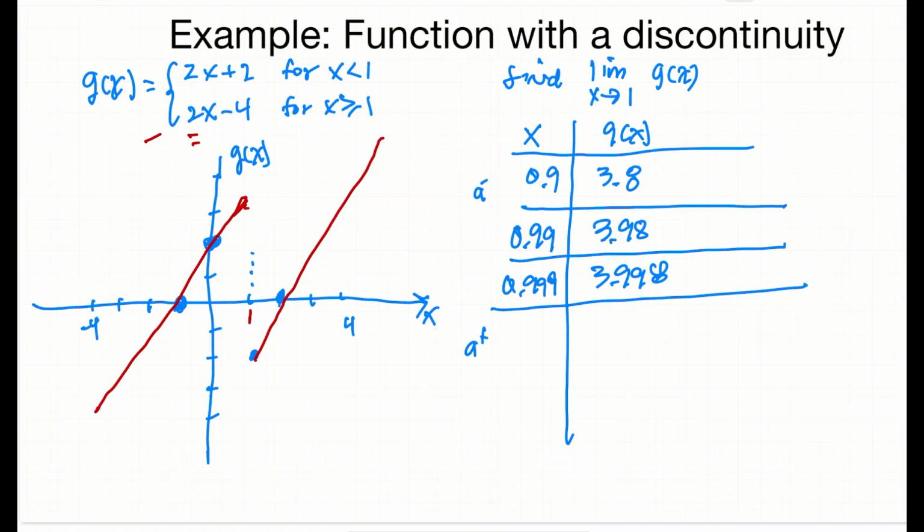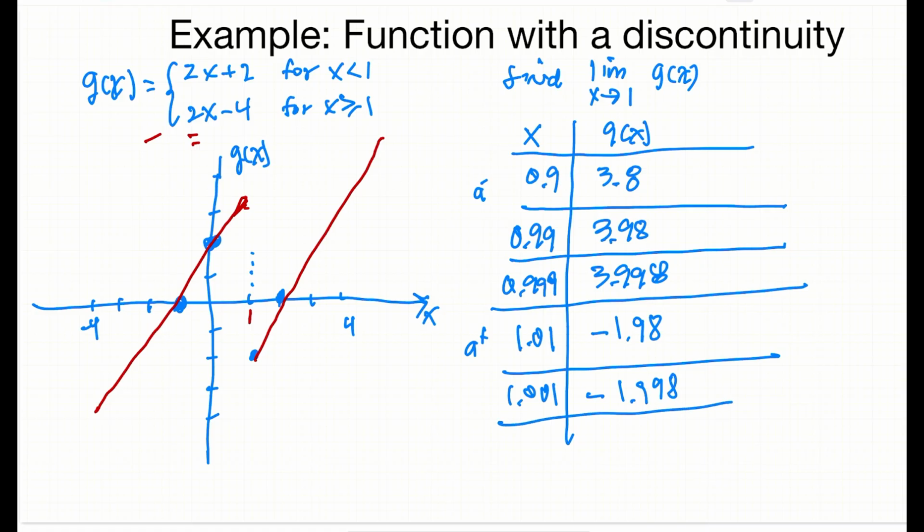So we're just above 1. 1.01 gives minus 1.98. 1.001, and we get minus 1.998. And if we get a little closer to 1, we get minus 1.9998.